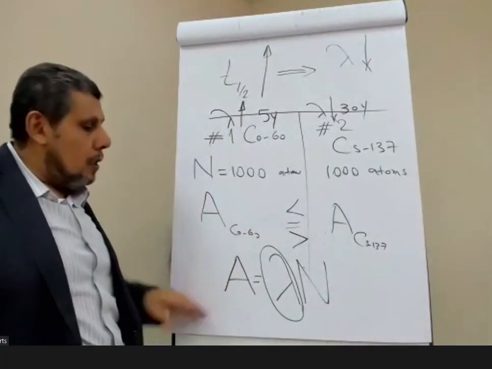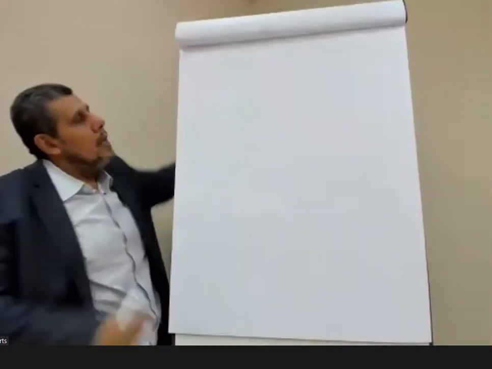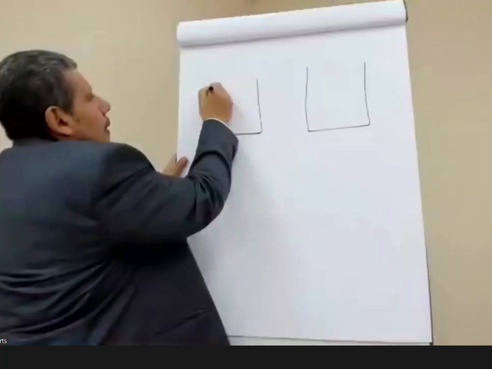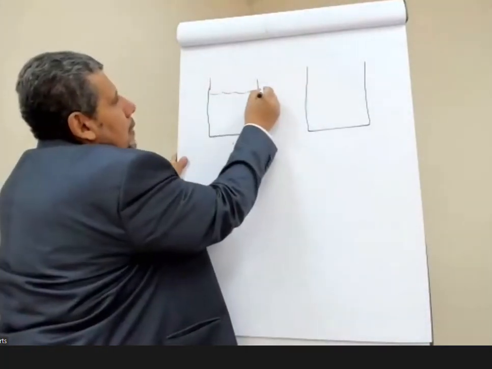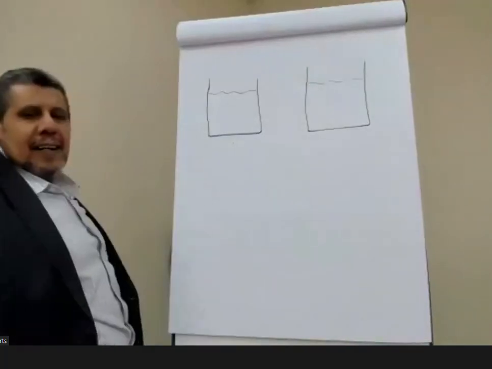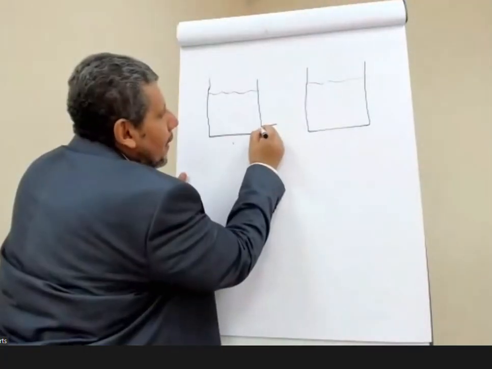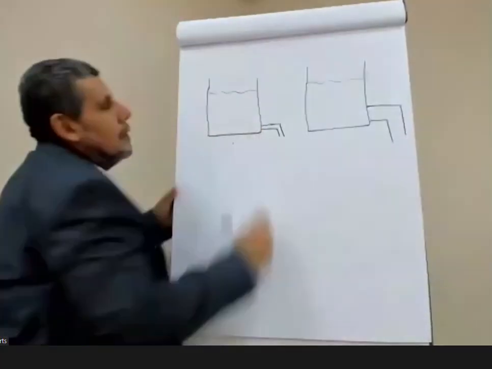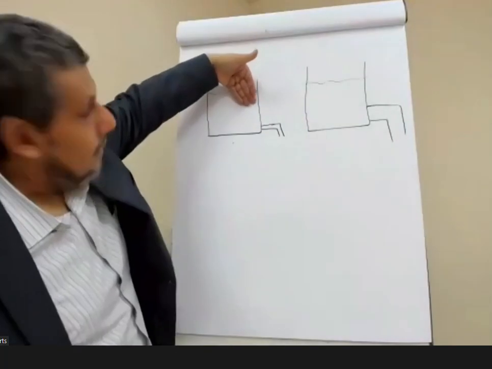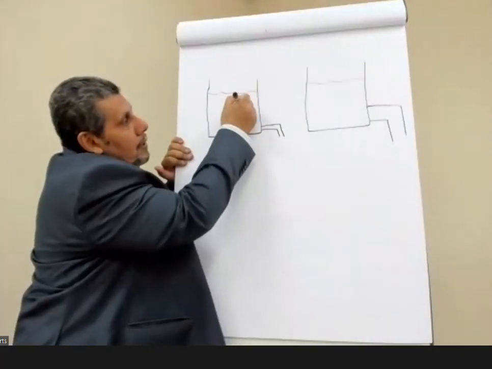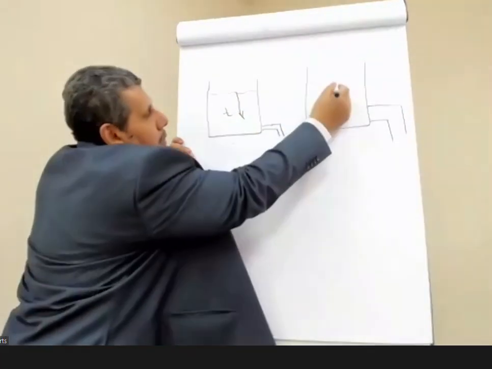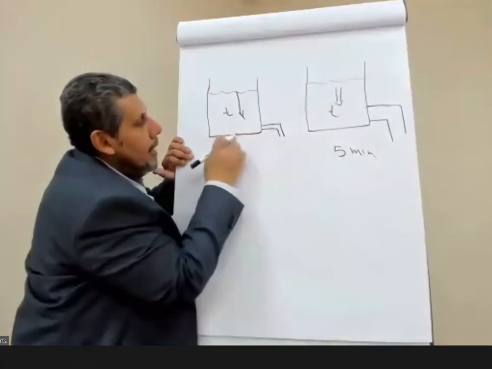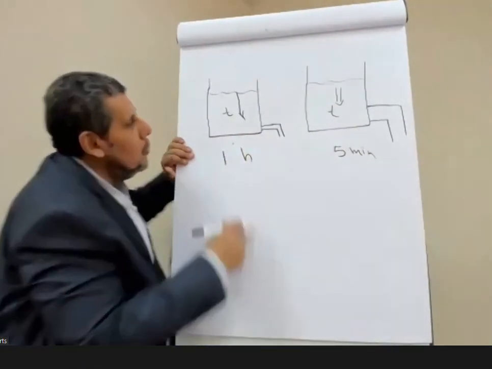Is this point clear? For example, assume I have the same 10 here, the same 10, at the same level of liquid. But here, this valve is opened like this, and this valve is like this. Now, you will lose the liquid with time. Assume after 5 minutes you will lose it completely here, but here, let's say you need 1 hour.